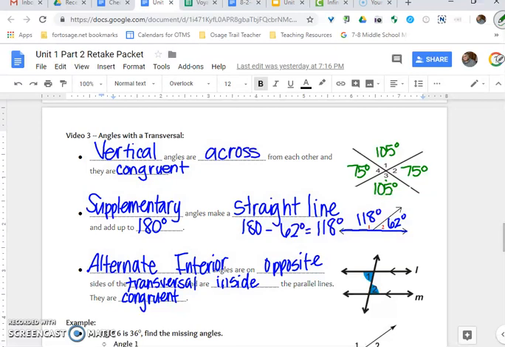So if angle 1 was 80 degrees, because angle 2 is inside those parallel lines, and on the opposite side of the transversal, because 1 is on the left, 2 is on the right, then that would also be 80 degrees because they're alternate interior angles. So those are the types of angles that we want to use to discover all the different missing angles in a diagram.